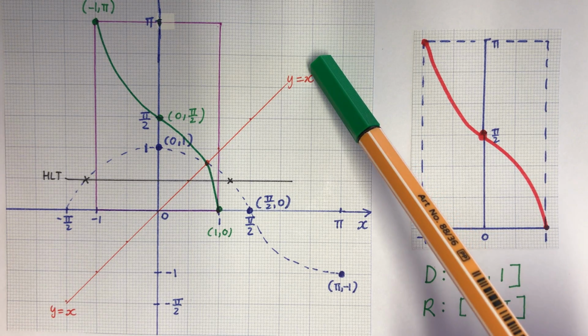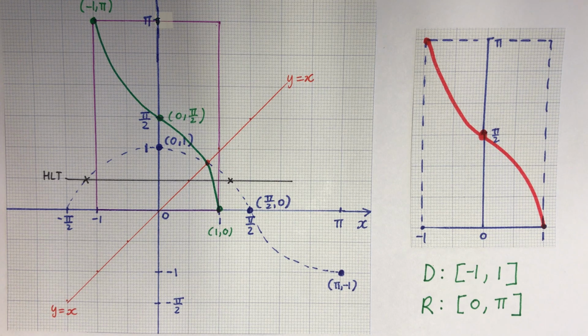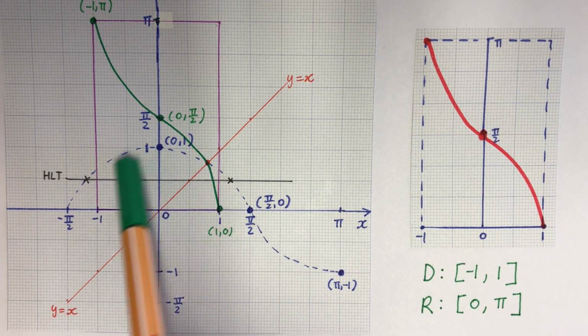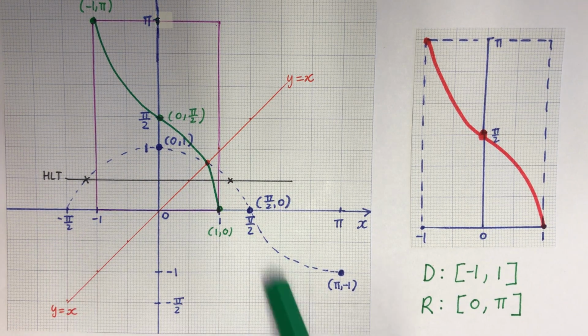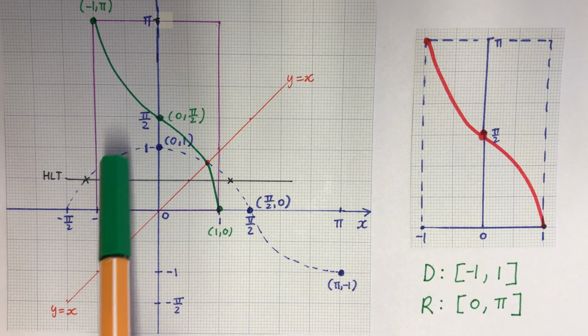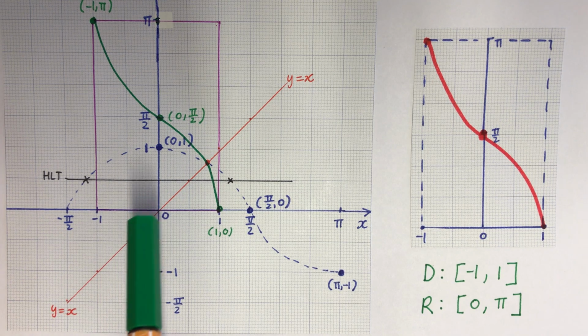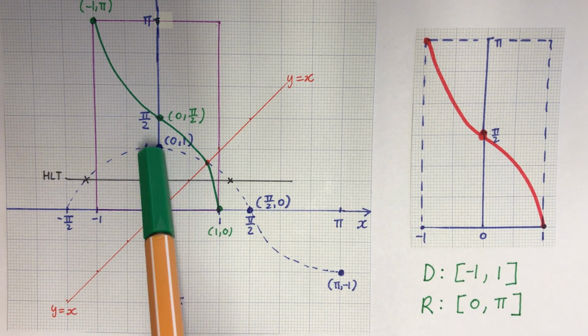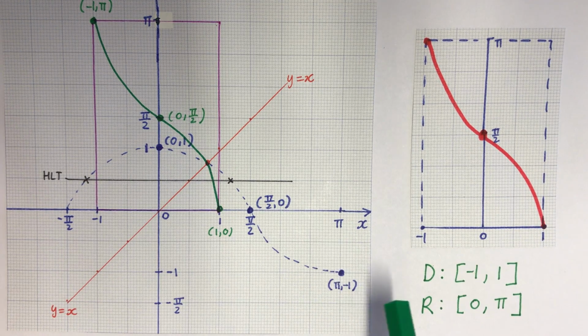We can't use the domain from minus pi over 2 to pi over 2 here, because that doesn't represent the maximum and minimum values, since my minimum is here. So what we're going to do is cut it from 0 to pi. If I do 0 to pi, I will get both the maximum and the minimum included.